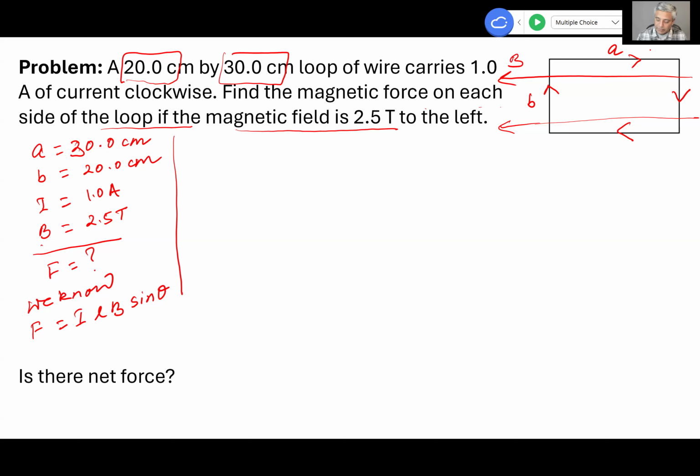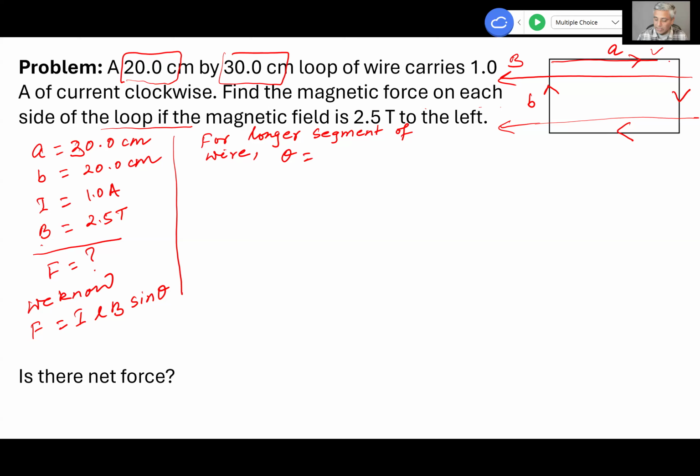So now for the longer segment of wire, theta is what?